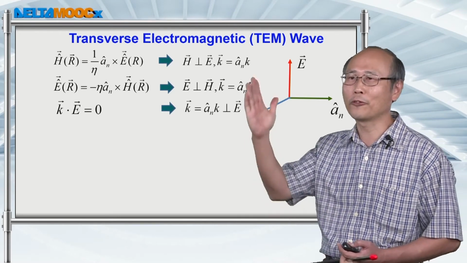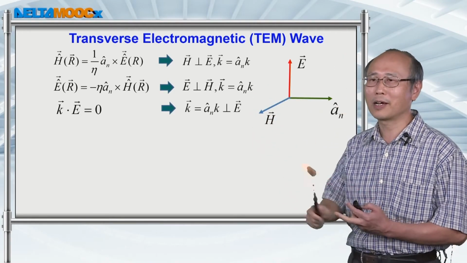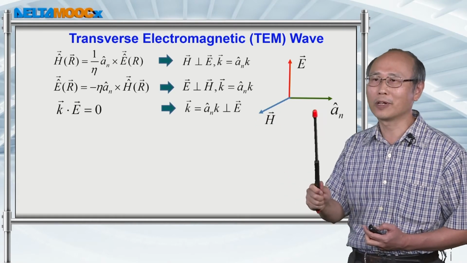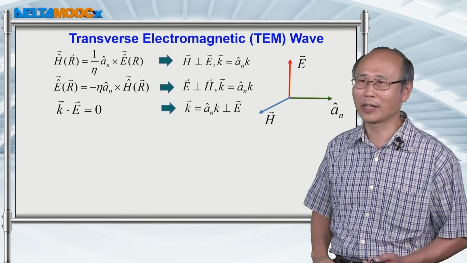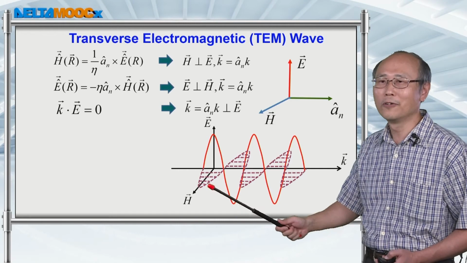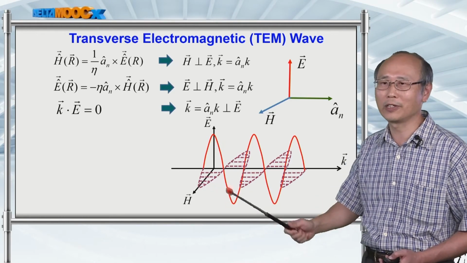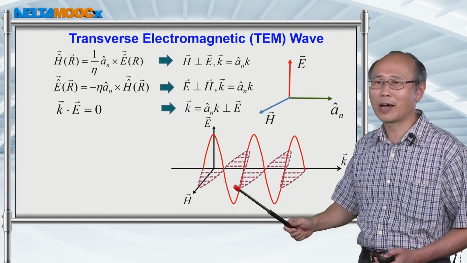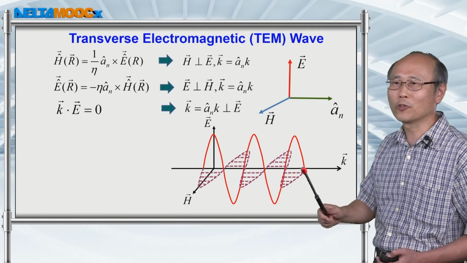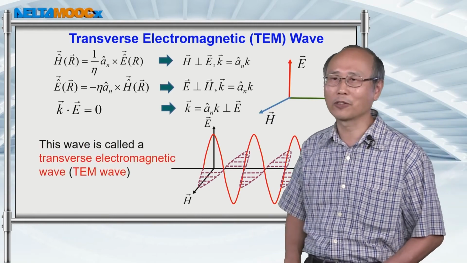Or if you put your four fingers along the electric field direction and rotate toward the magnetic field direction, your thumb should be along the k vector direction. So this is the three-dimensional cartoon for a time harmonic field. Suppose you have the electric field oscillating vertically, then the magnetic field oscillates horizontally, and the field propagates along the k direction. Those three vectors are perpendicular to each other.